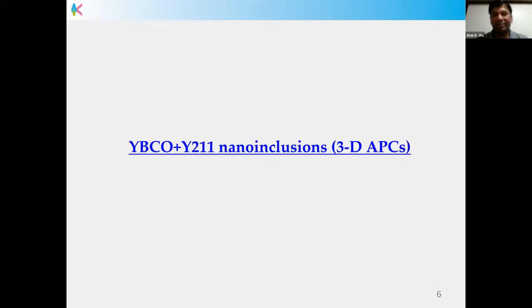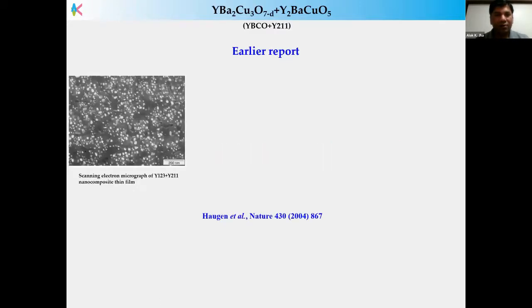So in this section, I will talk about the three-dimensional artificial pinning centers, that is, the so-called nanoparticles. In this part of the work, we have tried to introduce nanoparticles of Y211. This is another YBCO, but with a different stoichiometry than 123. Y211 was used long ago when a group from the Air Force Research Lab in the USA incorporated Y211 secondary phase material into Y123.